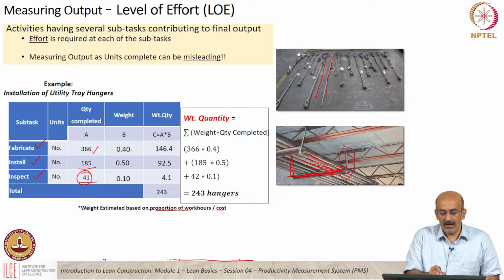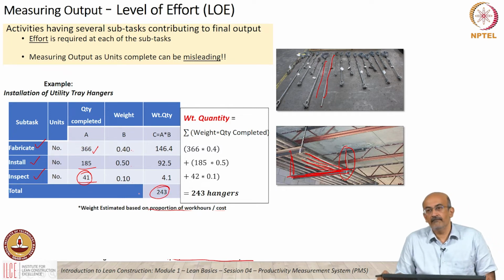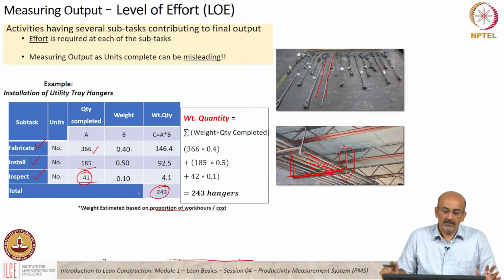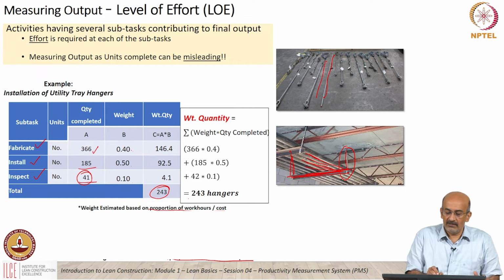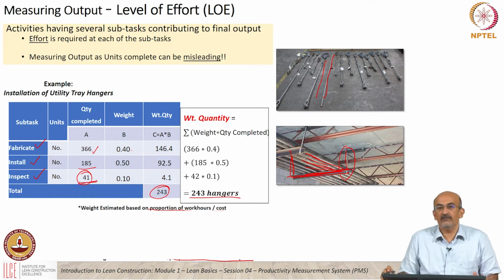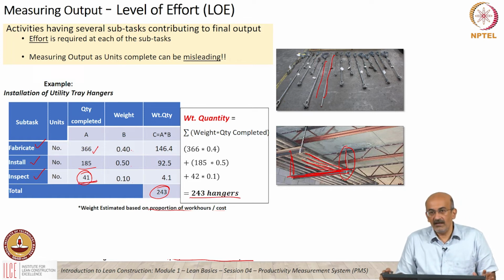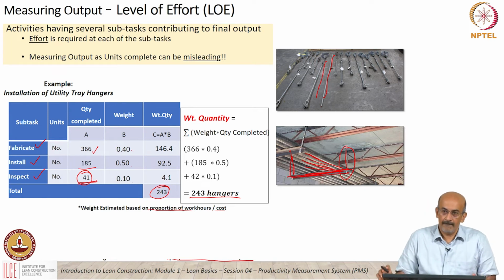I add up all of this, and I get the amount of effort that's gone into this fabrication work. So in this case, my output would be 243 hangers instead of 41 hangers, which many projects and many companies find is a more realistic way of measuring output rather than just saying 41.